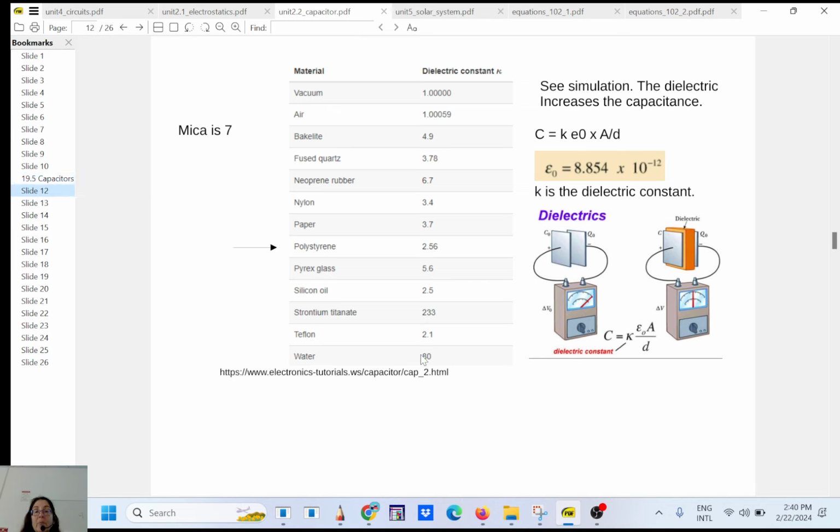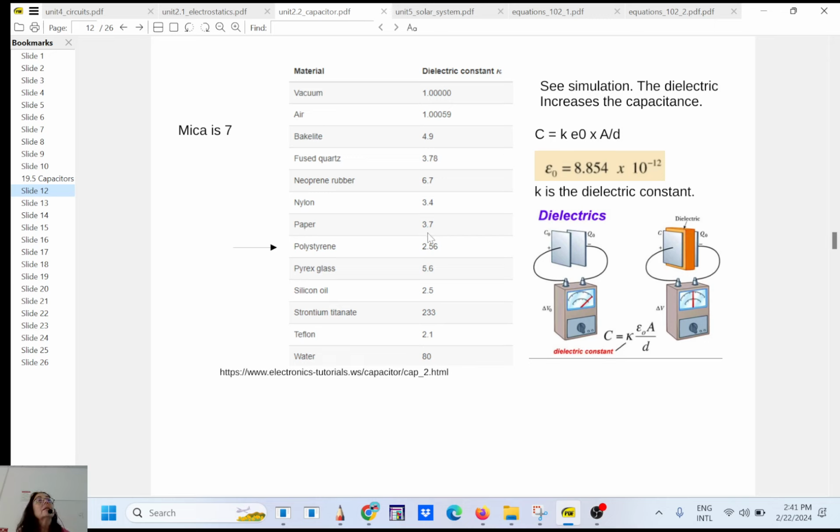If you have another one like neoprene, you see, it's multiplied by 7 almost. So in the old time, dielectric was made of paper. If you can still find an antique, a fossil, let's say an old capacitor, you had a paper between the plates.